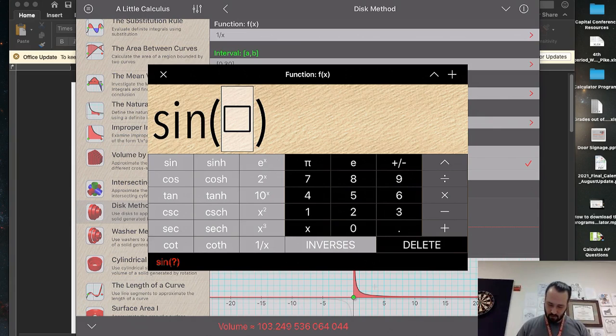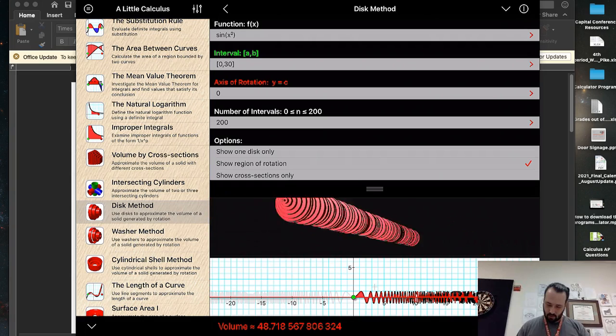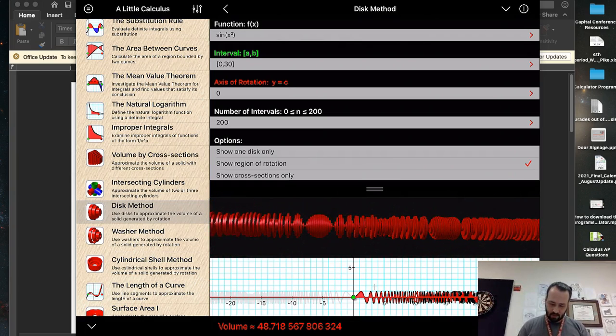Where's my x? X squared. Sure, why not? All right, that's funky. That's cool. They can't give us enough disks. I can only make there be 200. There's not enough because really there's going to be infinitely many.